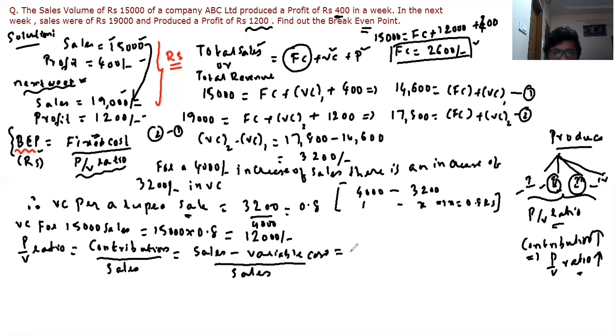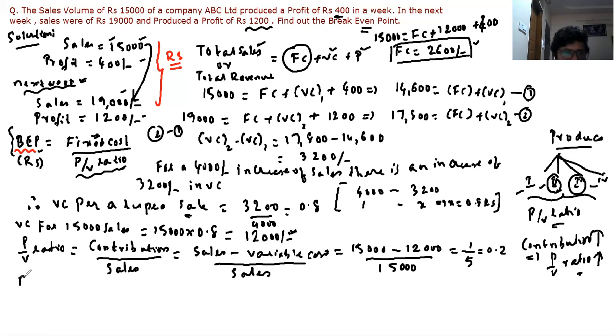So sales in the first week is given as 15,000. The variable cost which we got in the first week as 12,000, divided by the sales in the first week, 15,000. So it comes around 3,000 by 15,000. It comes around 1 by 5. It comes around 0.2.